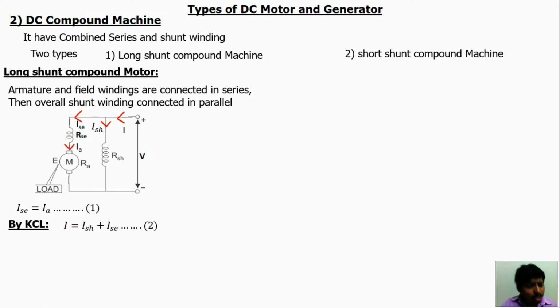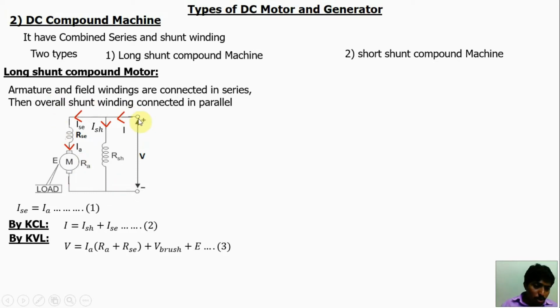Now apply Kirchhoff's voltage law for this outer loop. Here input voltage is V. The drop in this loop. Okay, this loop. So here ISC is equal to IA. So V equals IA RSC plus IA RA plus V brush plus E. Then we may apply Kirchhoff's voltage law for this loop also, or this loop, any one.